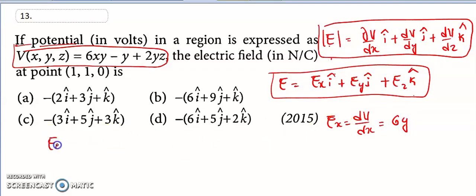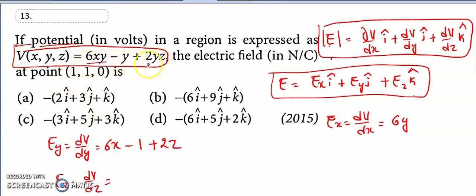Similarly Ey is equal to dV by dy, so that becomes 6x minus 1 plus 2z. Then Ez is equal to dV by dz. Differentiation of z gives only 2y. We have to find the electric field at the points x, y, z.